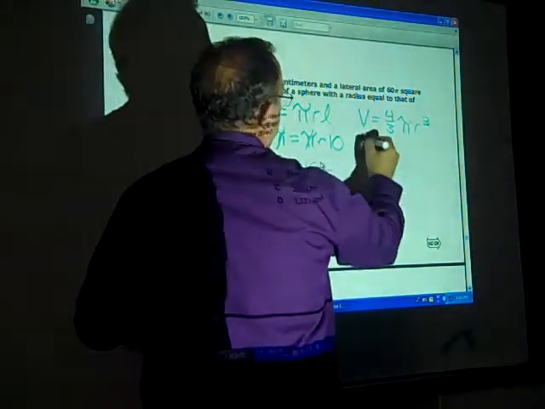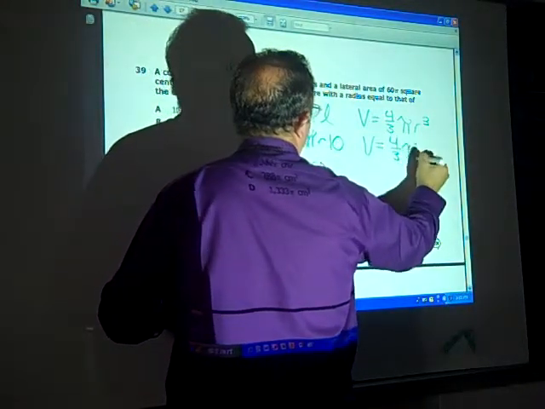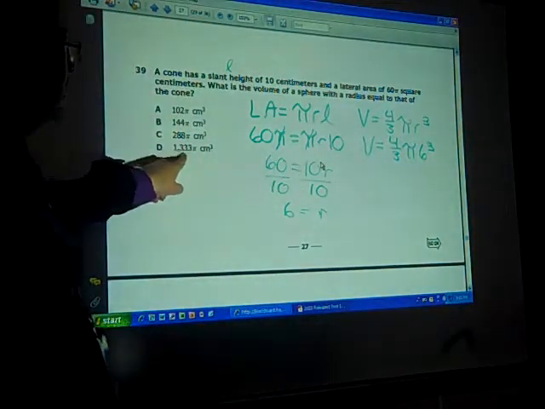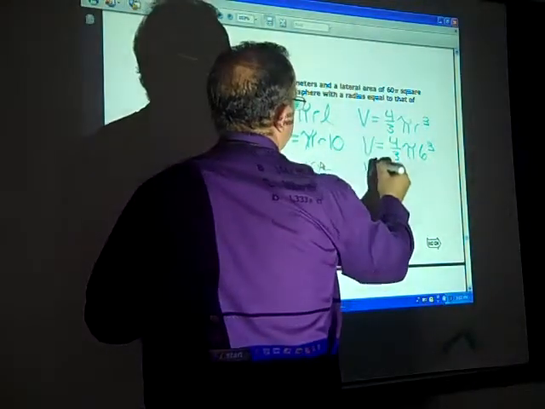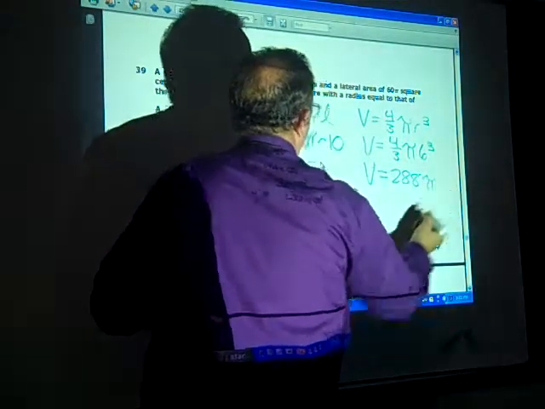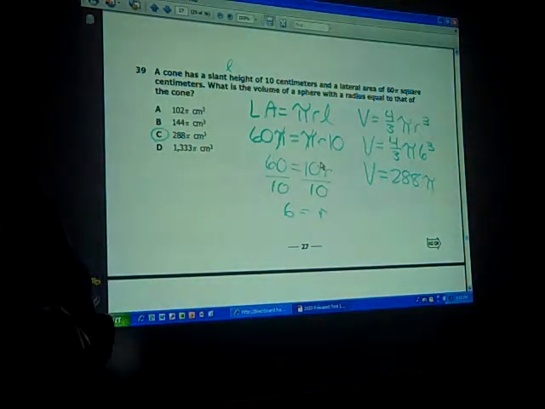We're going to plug 6 where the r is: 4/3 pi 6 cubed. And pi is in our answer, so we're not going to have to put that in our calculator. So we'll plug everything else in. We're going to come up with 288 pi. That's 39.